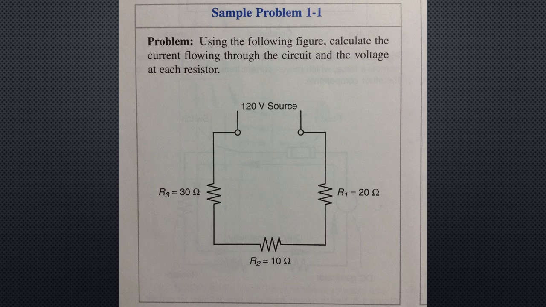The following example illustrates the characteristics and relationships of a series circuit and how Ohm's law is used to solve circuit problems. Sample problem 1-1. Using the following figure, calculate the current flowing through the circuit and the voltage at each resistor.